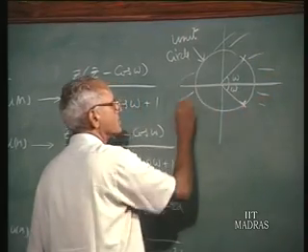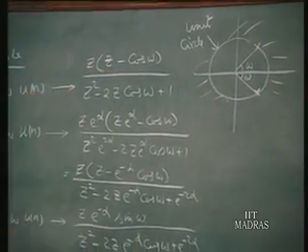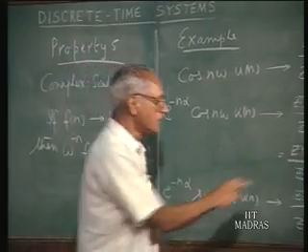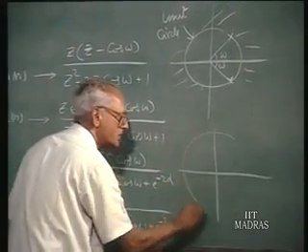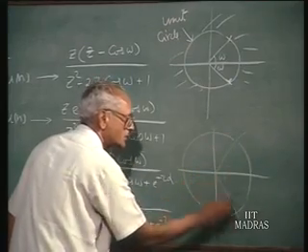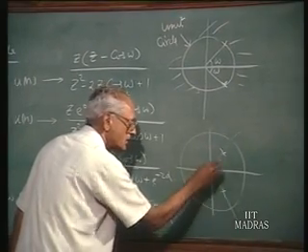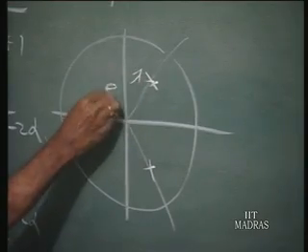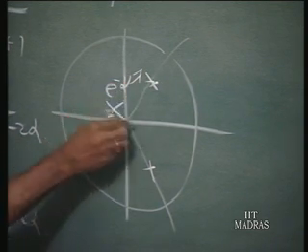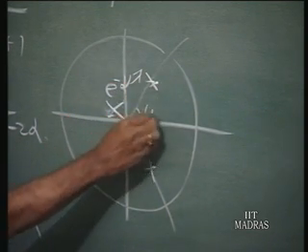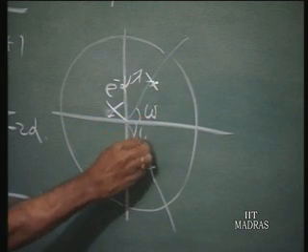Now when you take e power minus n alpha cos n omega Un, the poles will not be on the unit circle, but at a distance e power minus alpha from the origin and at the same angle plus or minus omega.